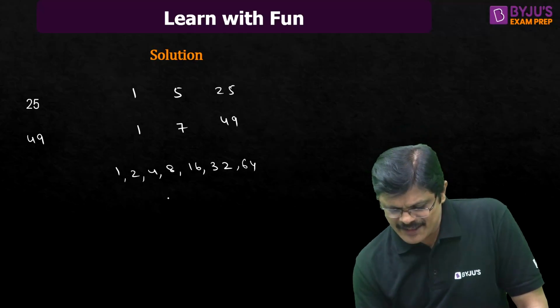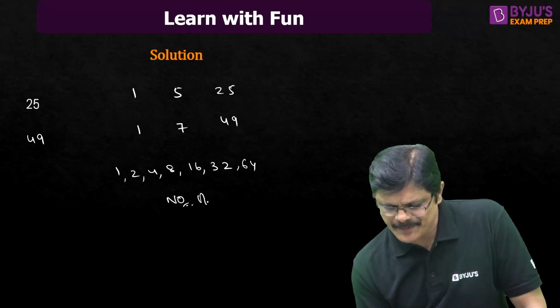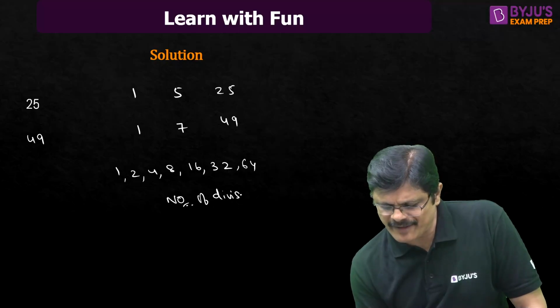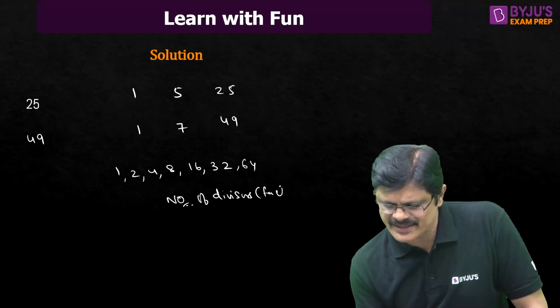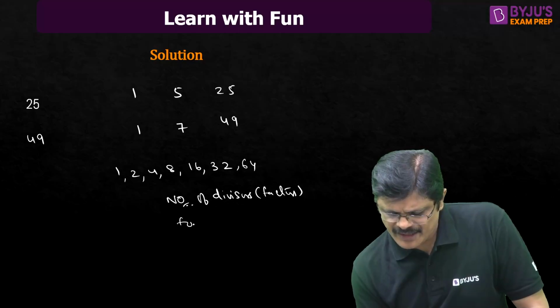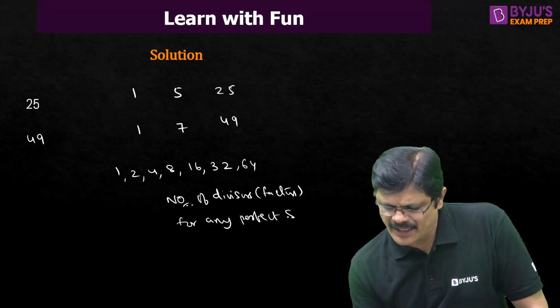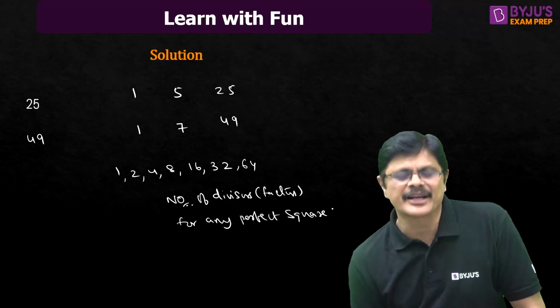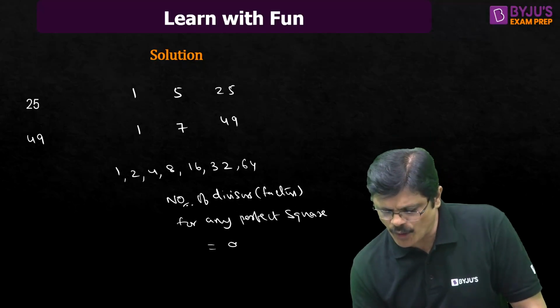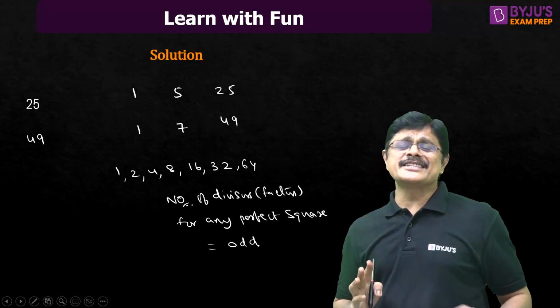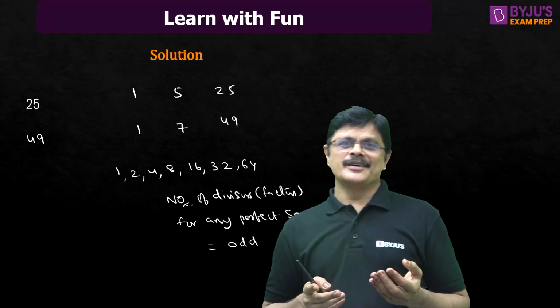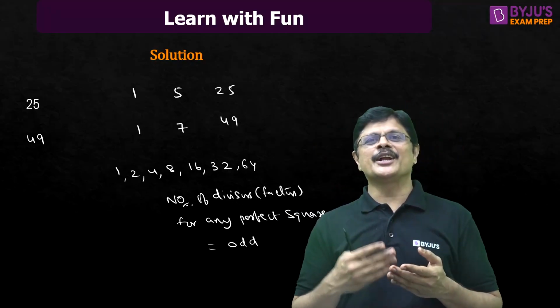The number of divisors, or factors, for any perfect square will be odd. Because it has odd factors, ultimately the door will be open.